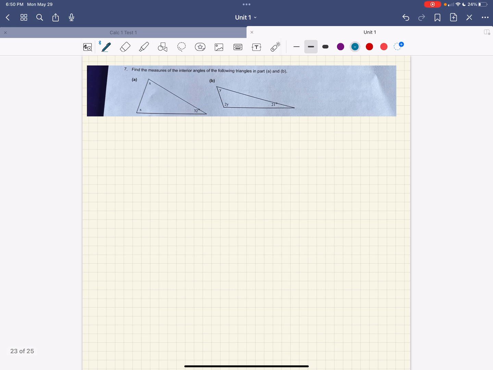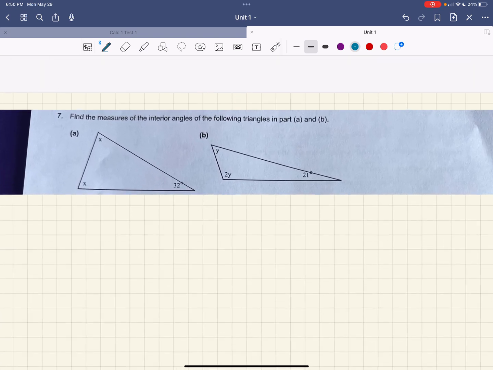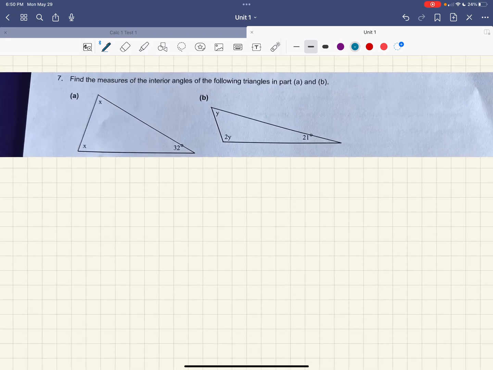Okay, I definitely like these two problems because they are two triangles, and we are finding the measure of all of the angles inside the triangle. Now, here we've got an x value, and then 32 degrees.